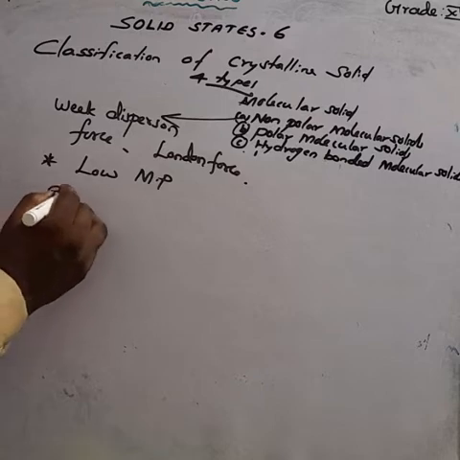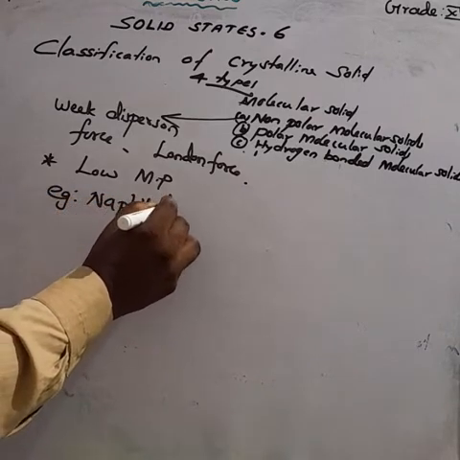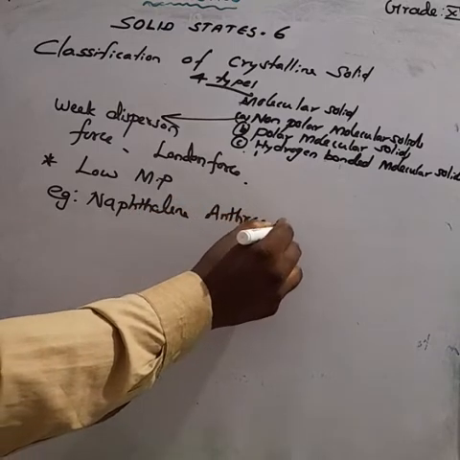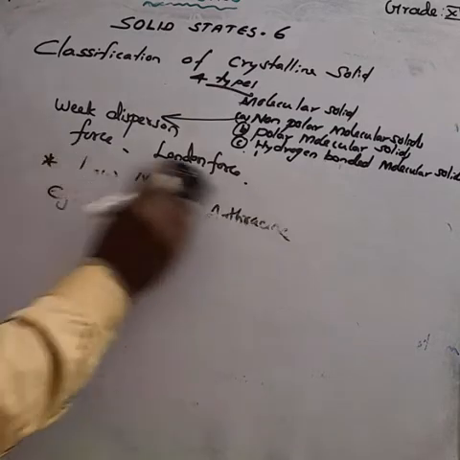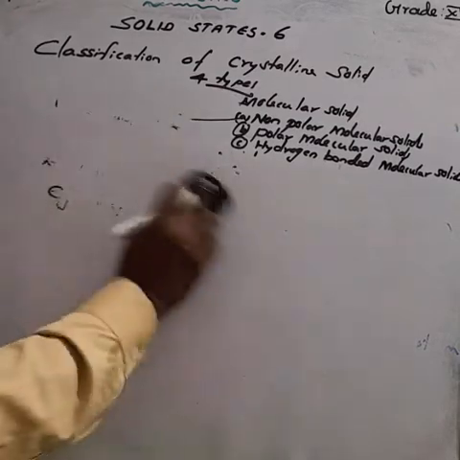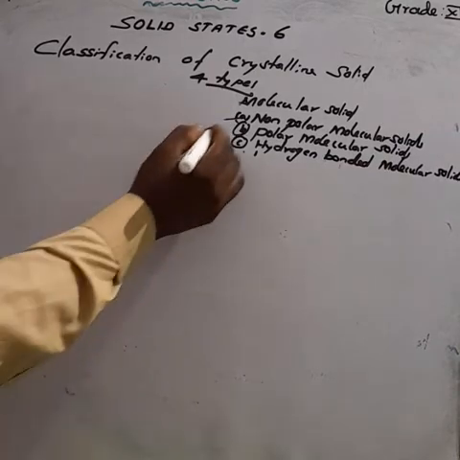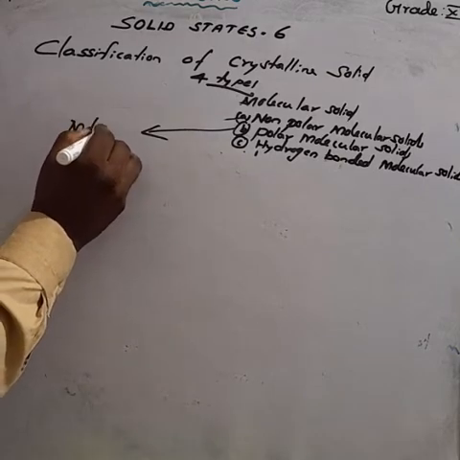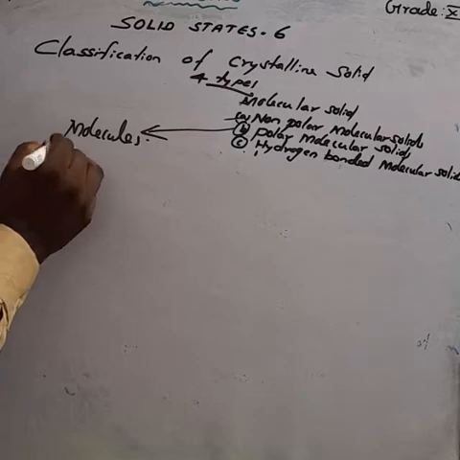Examples: naphthalene and resin. These are some examples. Next one, polar molecular solid. Here the constituents are molecules. They are formed by polar covalent bonds.